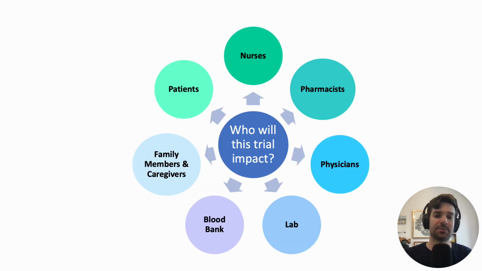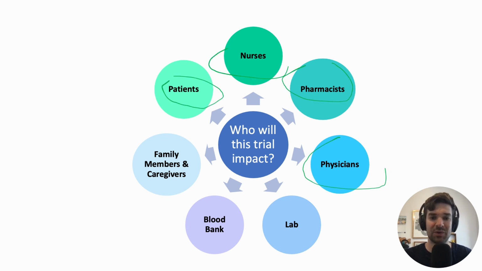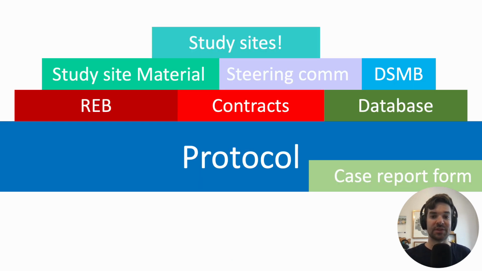And then it's just important to think about for your individual site, will these parties be affected? So if any of these parties will be affected, you want to make sure you've met with them ahead of time before you're launching your trial and trying to get them on board and maybe even getting their feedback as well. So again, these are all of the components or the main building blocks to a pragmatic trial.